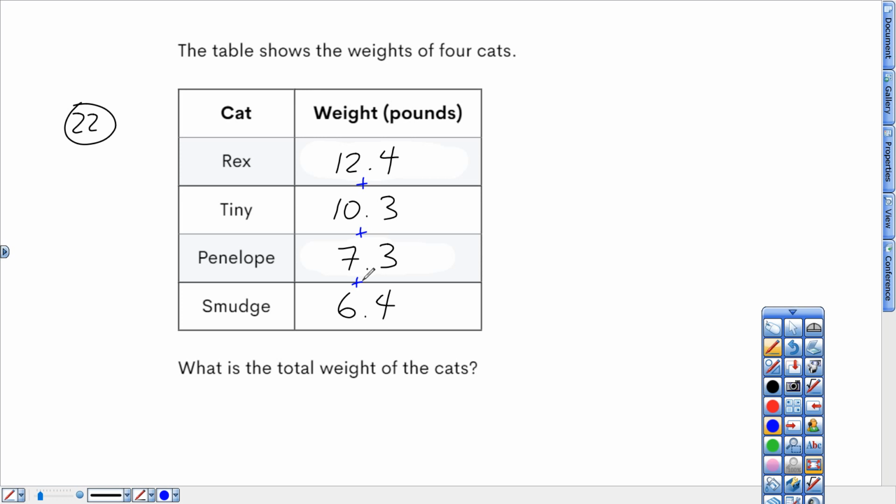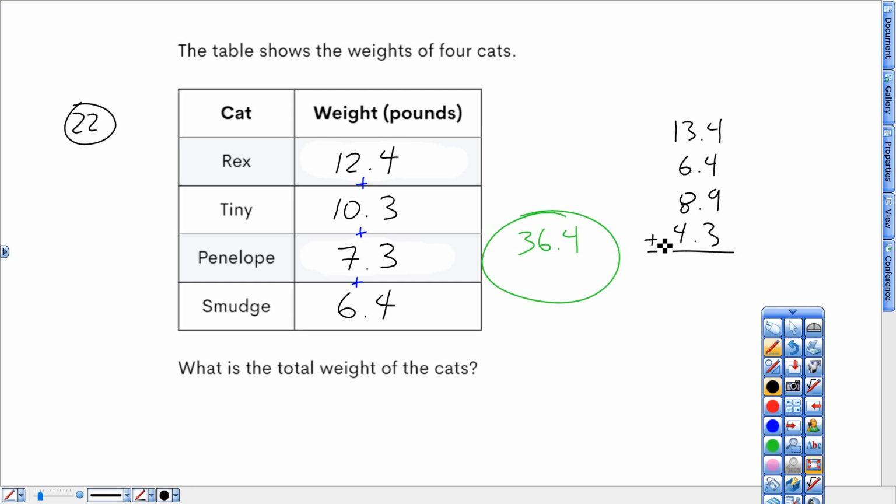Use your calculator, get that right. This gives me 36.4. All right, knowing that, try one. 13.4, add that to 6.4, add that to 8.9, add that to 4.3, plus that, see what you get. Extra practice, here we go.